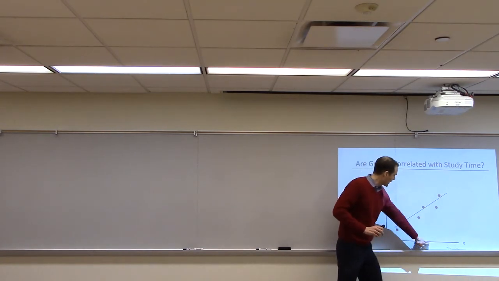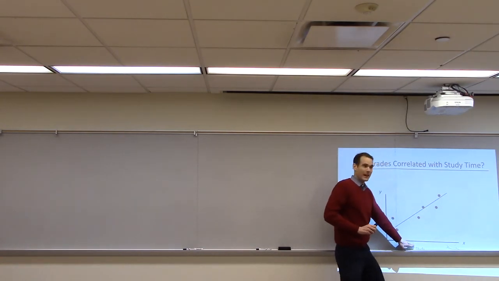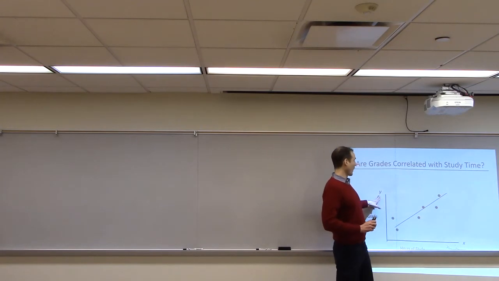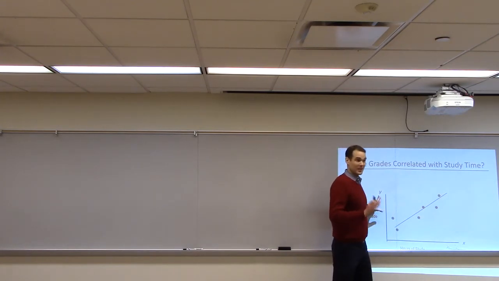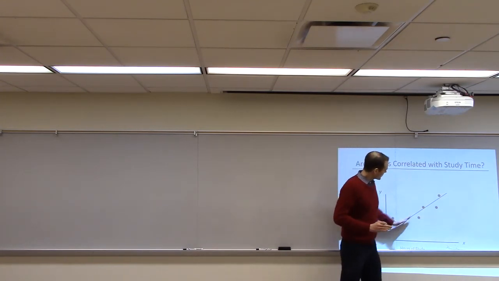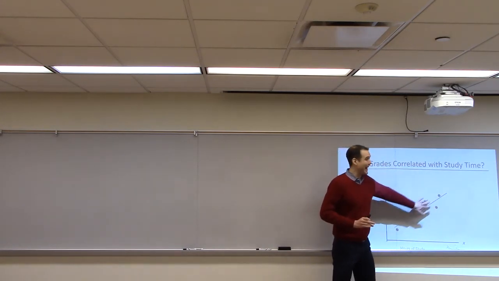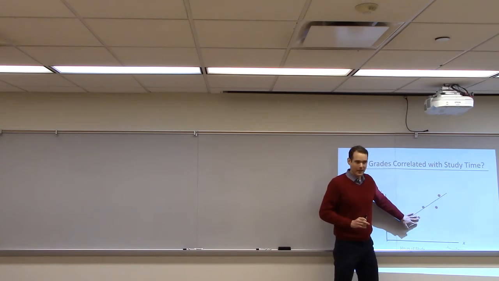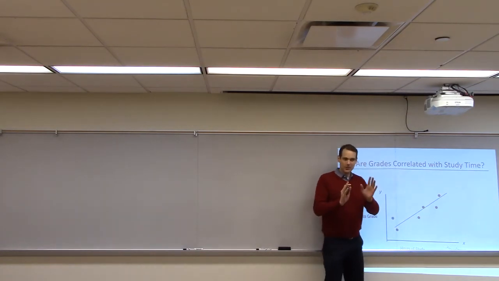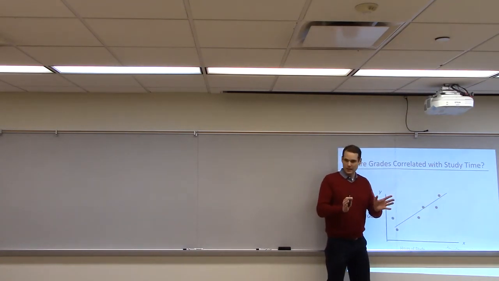So the input is the hours of study, and then the output, the y variable, is going to be the statistics grade. So based on this line, you will go to someone besides one of these 6 students, and you'll say, hey, how much time did you spend studying in statistics class? And they'll tell you, right, because they wrote it down or whatever.